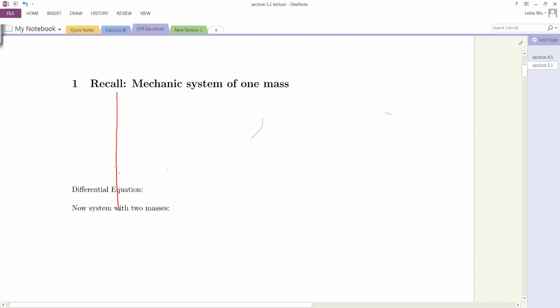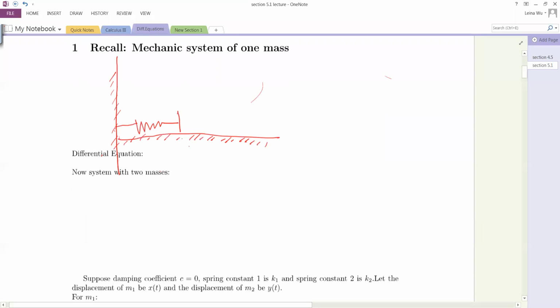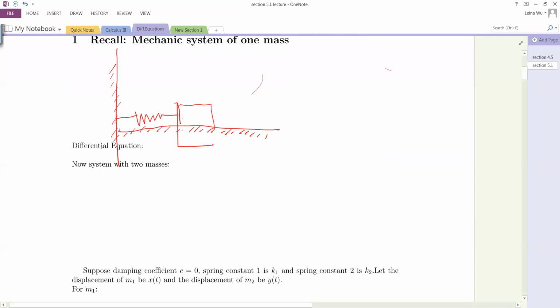Suppose I have a wall here, right? And this is the wall. And there is a spring with a mass. So this is the mass. Recall this?